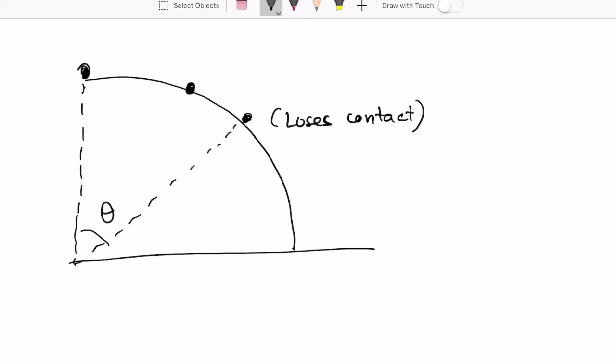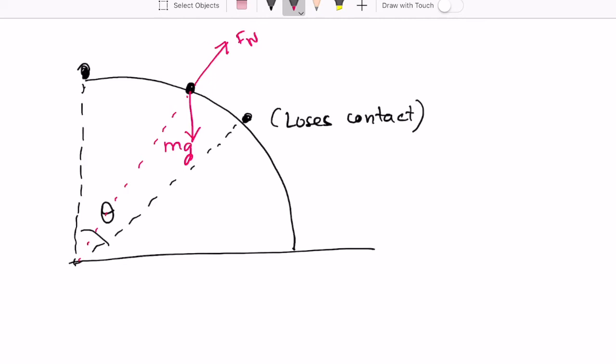What are the forces acting on her? There is the force of gravity, which is acting straight down. There is a normal force, which is acting in the radially outward direction like this. These are the only two forces that are acting on her.